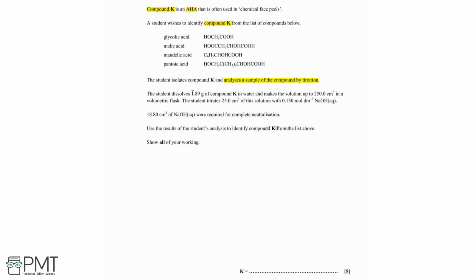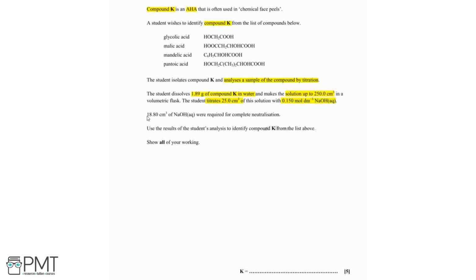So the student dissolves 1.89 grams of compound K in water and makes the solution up to 250 centimetres cubed in a volumetric flask. The student then titrates 25 centimetres cubed of this solution with 0.150 moles per decimetre cubed of aqueous sodium hydroxide.